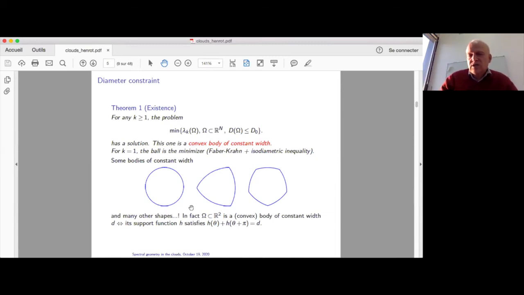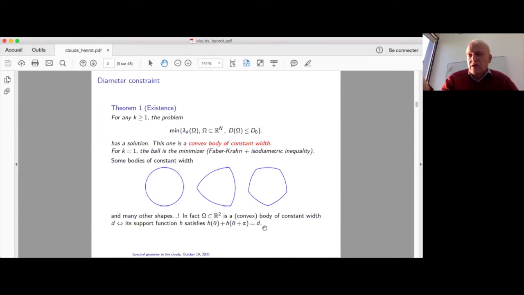Call h this support function, and you can characterize bodies of constant width as convex bodies for which the support function satisfies this functional equality: h of theta plus h of theta plus pi, in dimension 2 for example, is equal to the width. So you see that you have many such functions h.